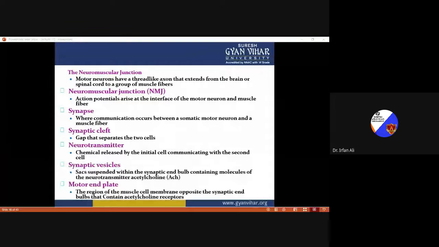At the neuromuscular junction, a motor neuron has an axon that extends from the brain or spinal cord to a group of muscle fibers. The neurons extend up to the muscle fiber, and the action potential arises at the interface of the motor neuron and the muscle fiber.